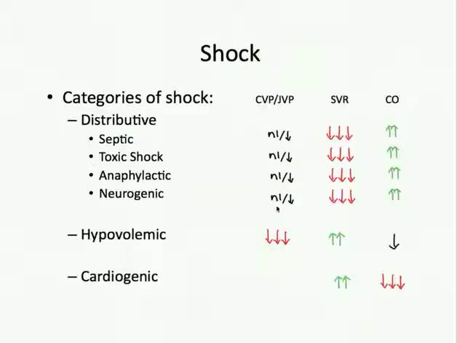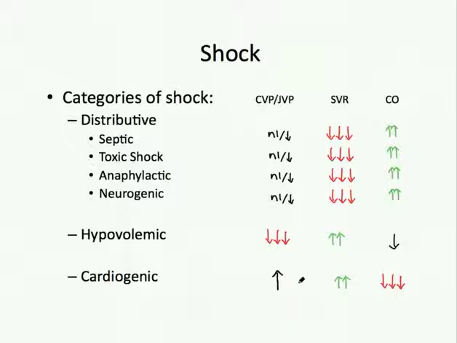So now returning one last time to our arrow diagram for cardiogenic shock, we said that the primary insult was a decreased cardiac output. The primary response mechanism is going to be an increased systemic vascular resistance. And because of that central venous congestion as a result of the heart not working, we're going to see an increased JVP and central venous pressure.